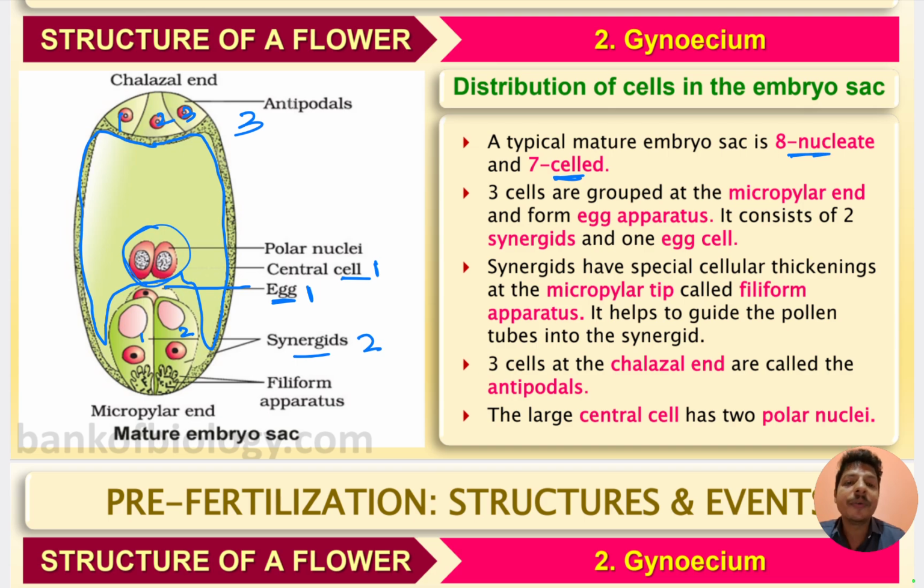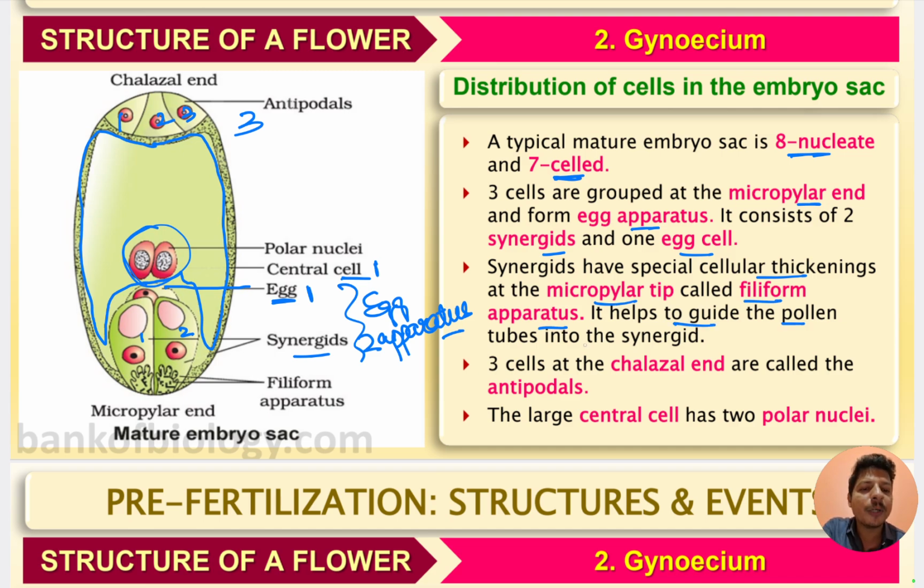7 cells, 8 nuclei. 3 cells are grouped at the micropylar end and form the egg apparatus. It consists of 2 synergids and 1 egg cell. Synergids have special cellular thickenings at the micropylar tip called the filiform apparatus.